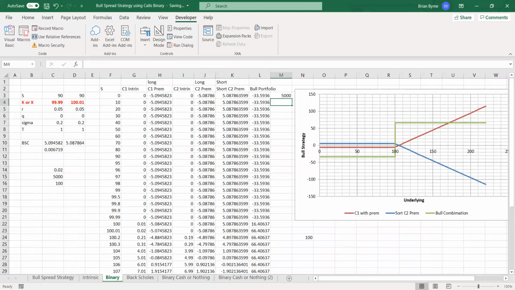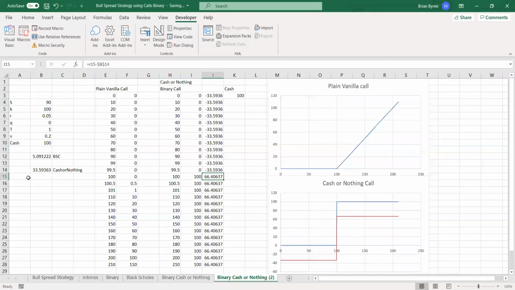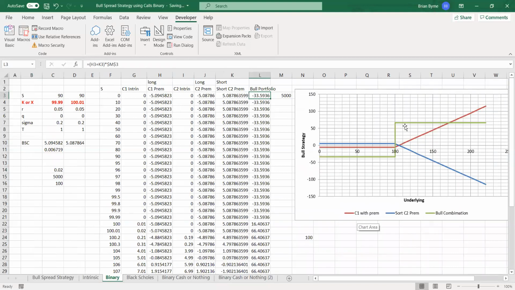When we go back here to our bull spread strategy, we can see we're getting the same results here, 33.59, and we can see also that in the event of the option being in the money, we get a payoff net of the premium of 100, but nets to 64.40, right?